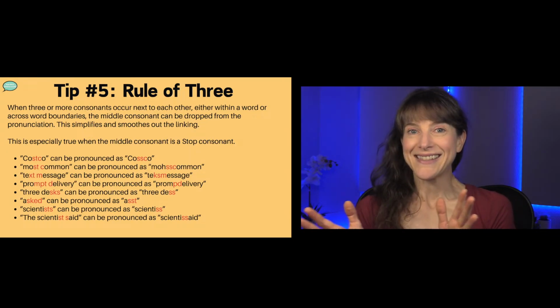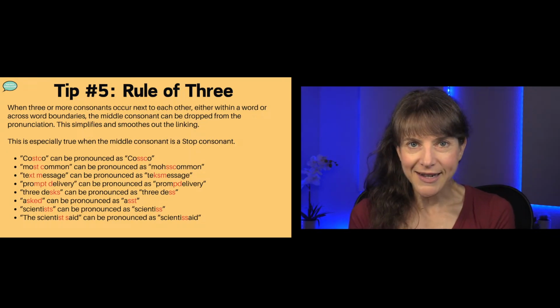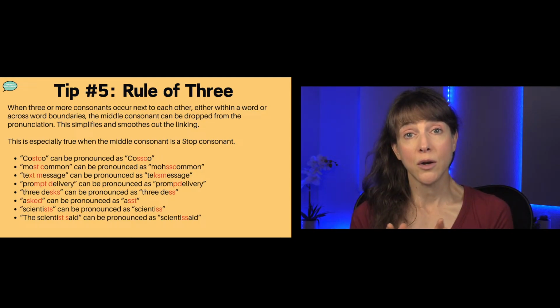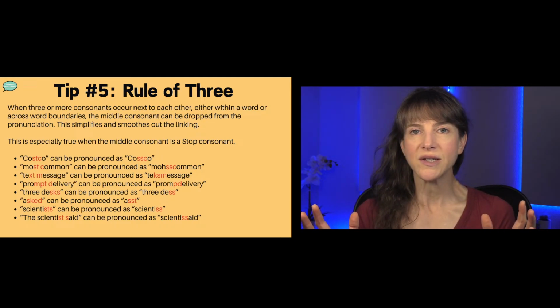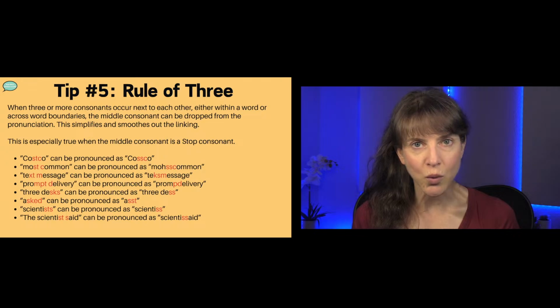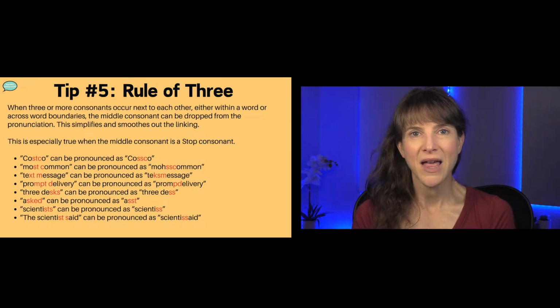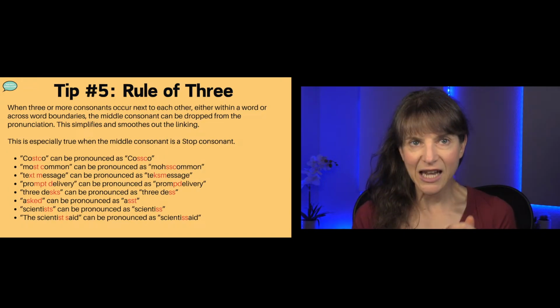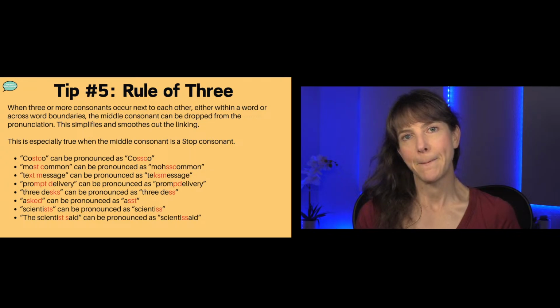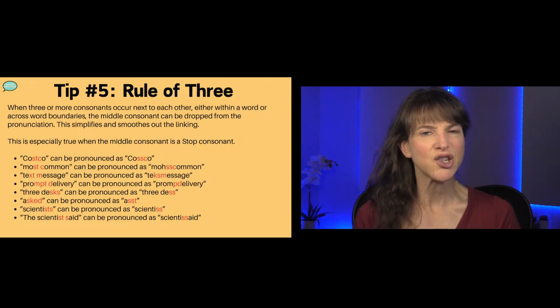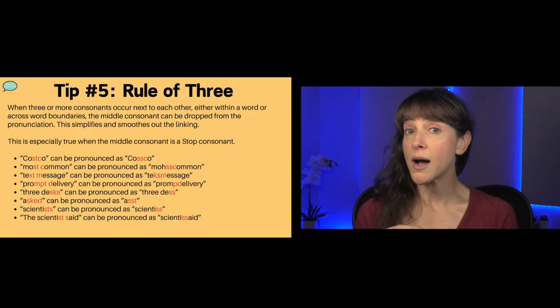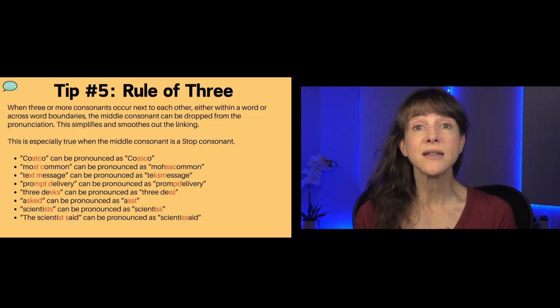This rule states that when three or more consonants occur next to each other, either within a word or across word boundaries, just like any other linking rule that we've discussed today, the middle consonant can be dropped from the pronunciation because this simplifies the pronunciation. It smooths out the linking. Now, when this middle consonant is a stop consonant, it really does apply much more.